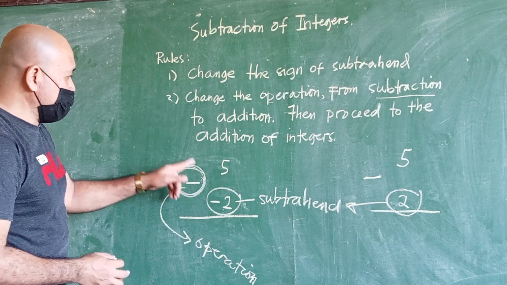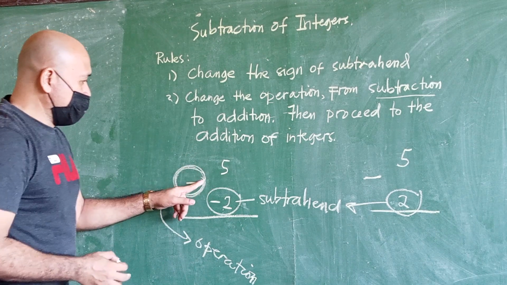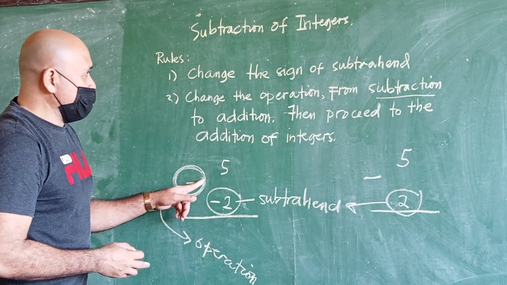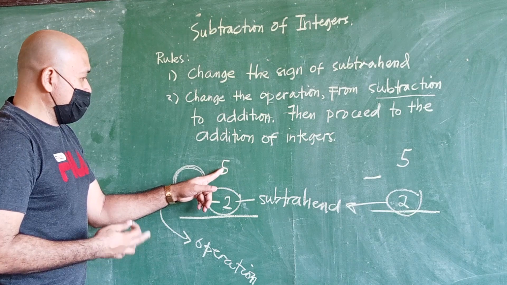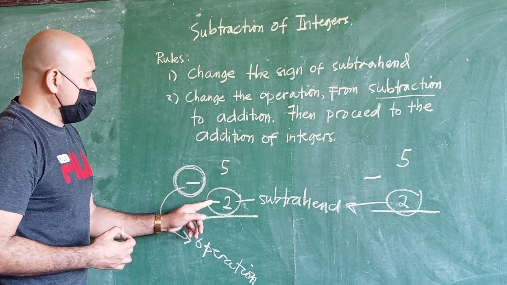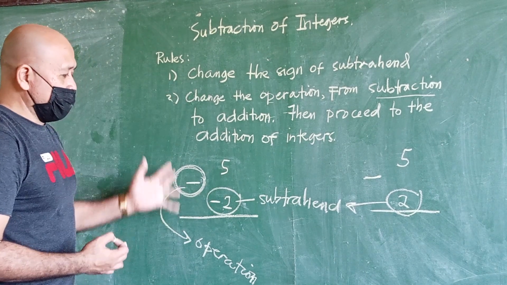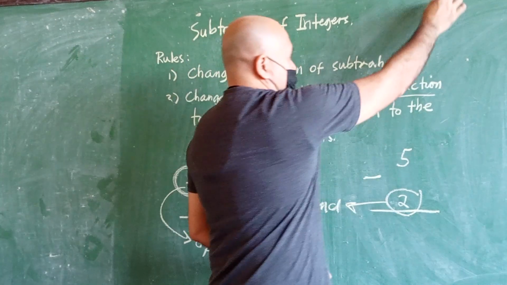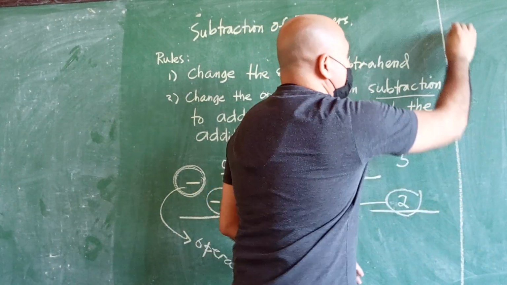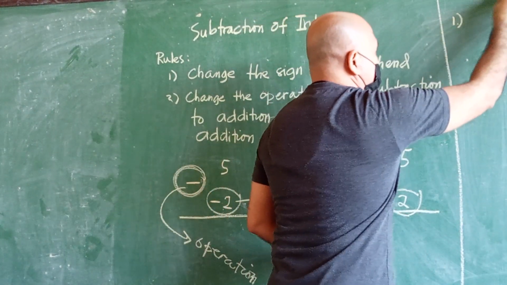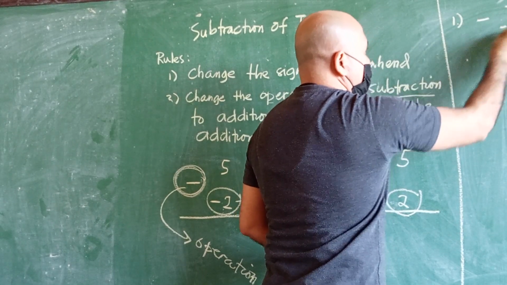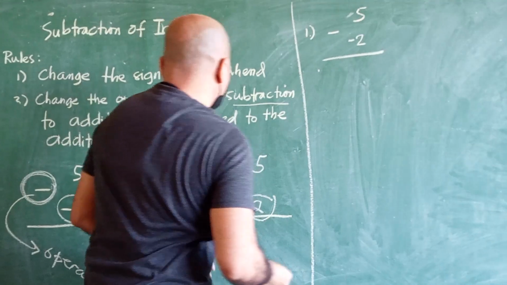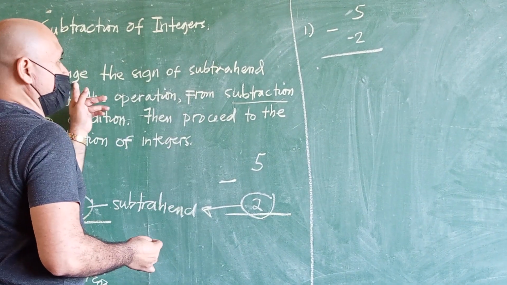Okay, for example, let us try to get the result. What is the difference when we do this 5 minus negative 2 using these rules? Since the given is positive 5 minus negative 2, according to the rule, we will change first the sign of the subtrahend.